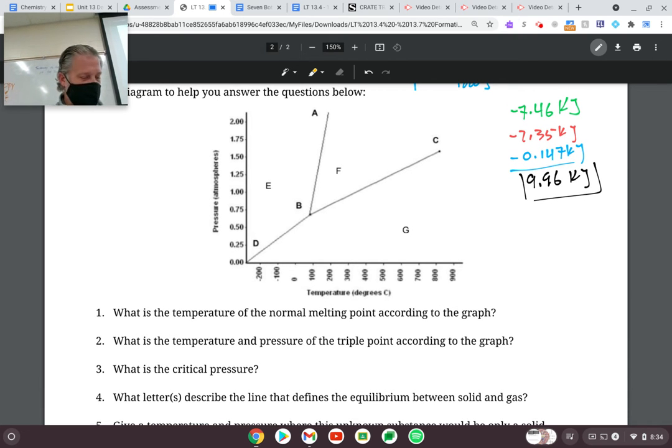So the first question is, what is the temperature of the normal melting point according to the graph? So the normal melting point is the melting point that occurs at standard conditions.